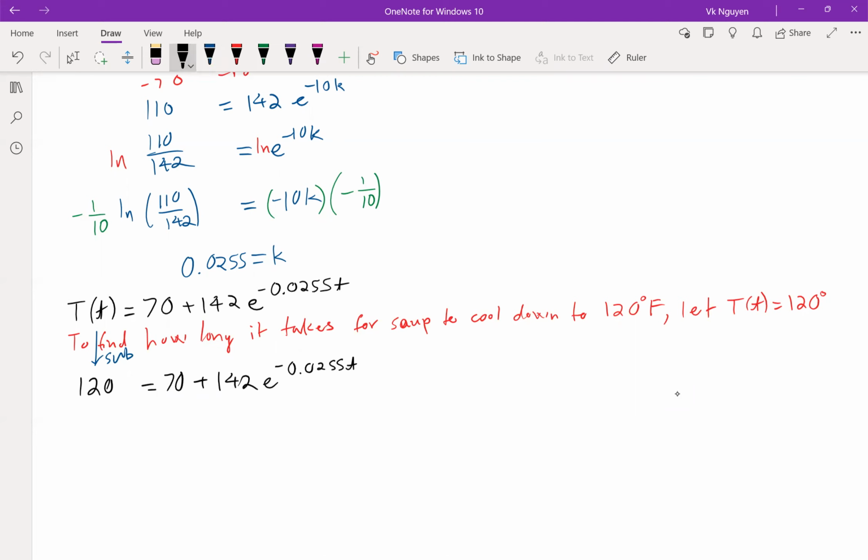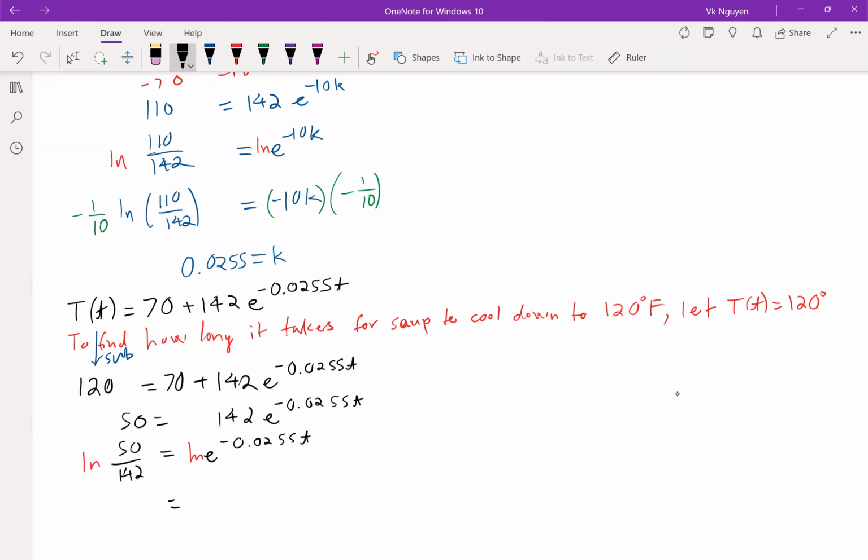Minus 70 on both sides, and we have 142 e to the negative 0.0255t equal to 50. Divide both sides by 142, so 50 over 142 is e to the negative 0.0255t. Get rid of e. We need to take ln on both sides.